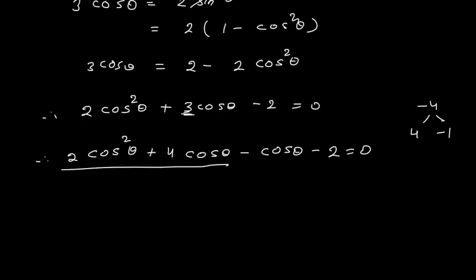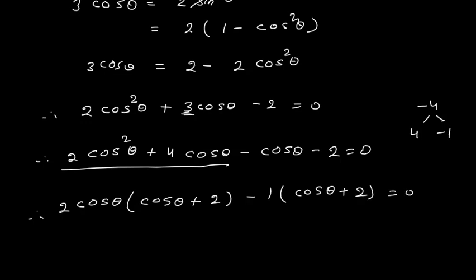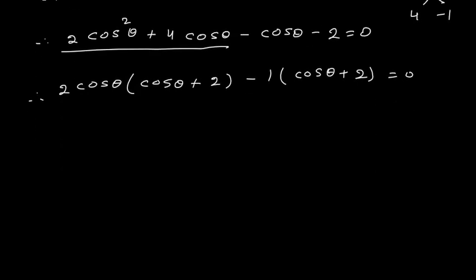Okay, so therefore here 2 cos theta you can take common, and now you have here cos theta plus 2. 2 cos theta you have taken common, so here you have 2 minus 1, and in bracket you can write cos theta plus 2, and this is equal to 0. So therefore cos theta plus 2 in one bracket and 2 cos theta minus 1 in other bracket is equal to 0.